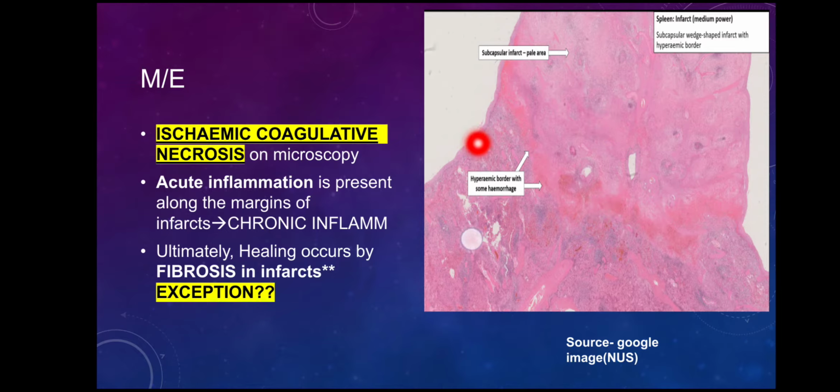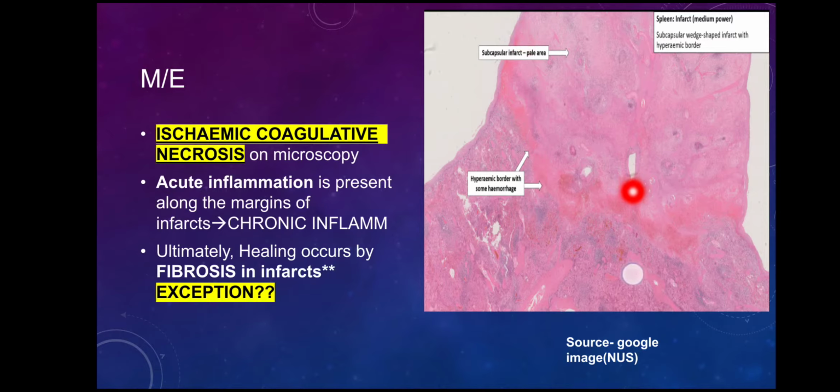So this is a microscopic image, and in this you can see this is the viable tissue of the spleen, and there are splenic follicles, and this is the margin which is separating this viable tissue from this area of ischemic necrosis or infarct.